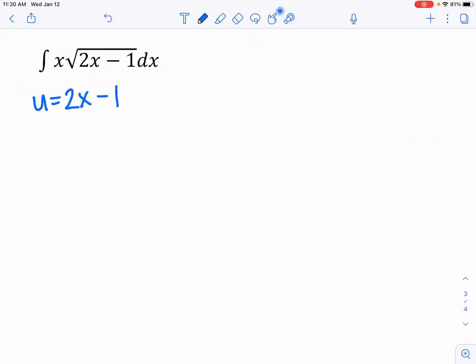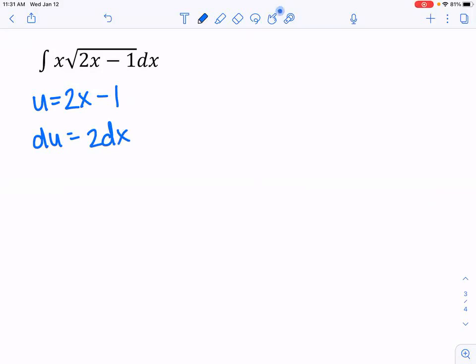All right, so we're going to let u be 2x minus 1 because that is what is inside of our square root. Now, we have the composition, we're letting the inside equal u, but what happens? du is 2dx.